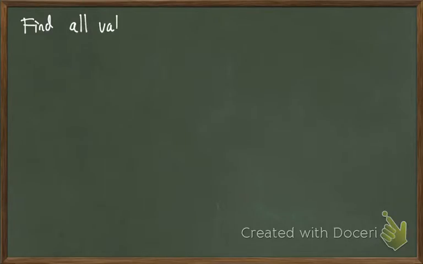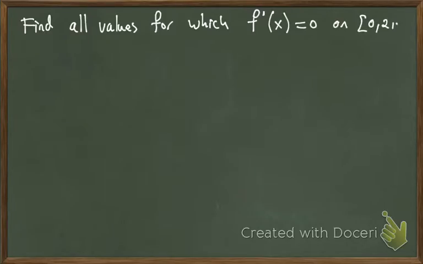Find all values for which f prime of x is equal to 0 in the interval 0 to 2 pi. And we'll start off pretty basic. We'll look at the sine of x. Okay. So we're looking at when the derivative is equal to 0. Well, we just learned that the derivative of sine is cosine.